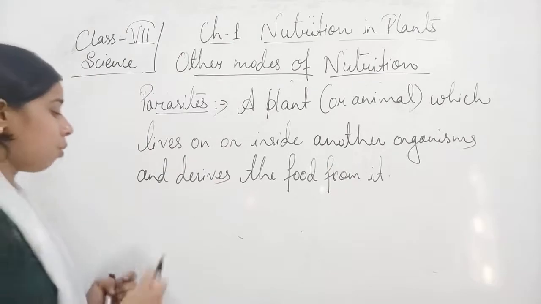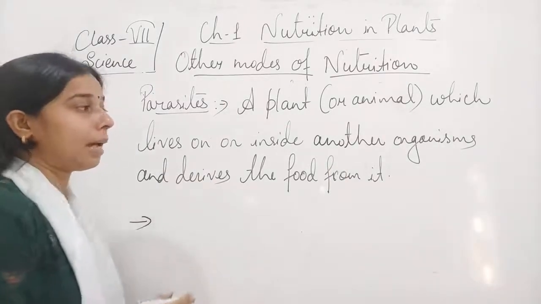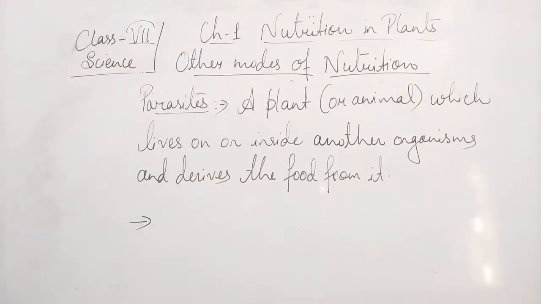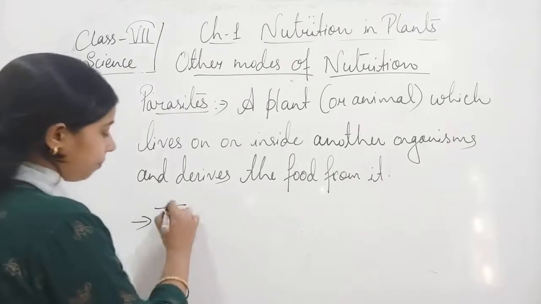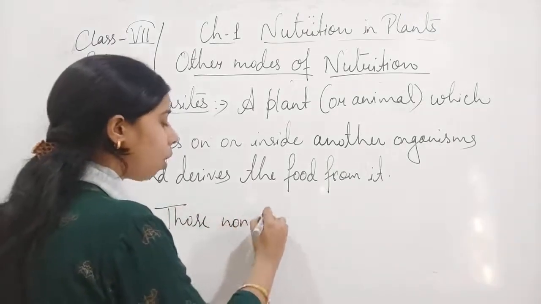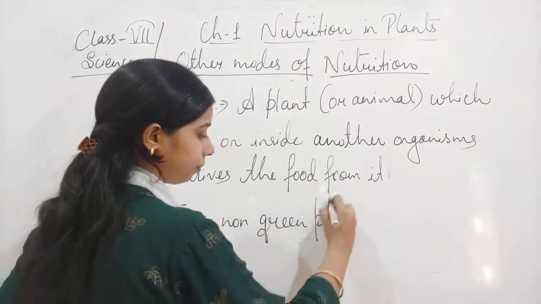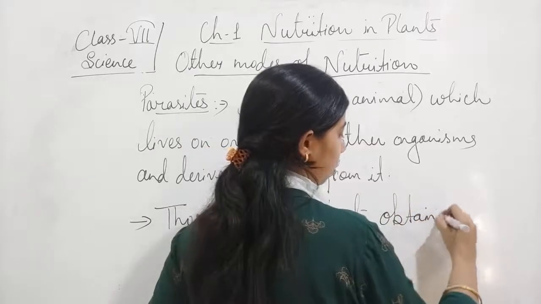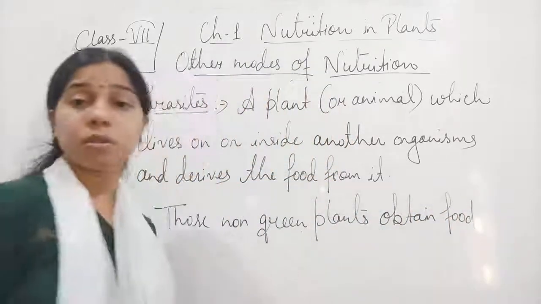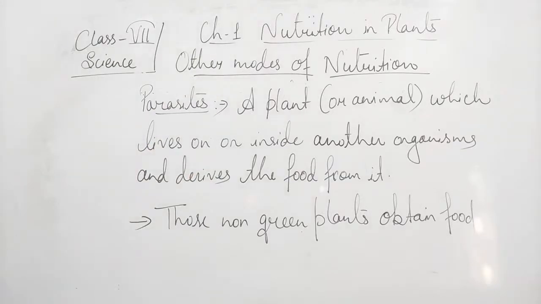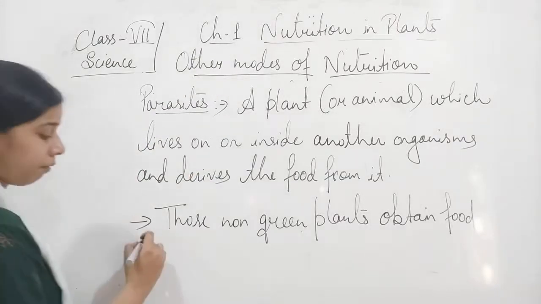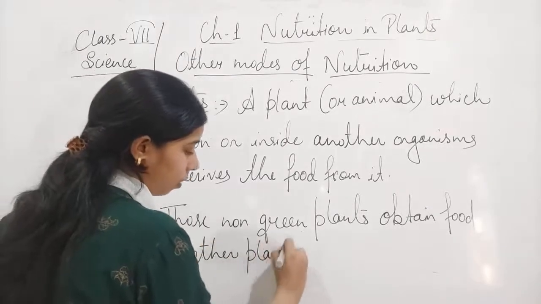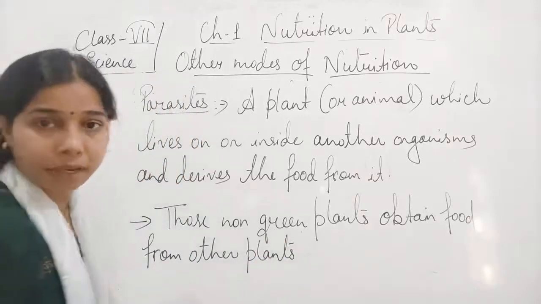Okay, so all those non-green plants, basically they used to obtain food from the other organism. So those non-green plants that obtain food from other plants are called plant parasite.